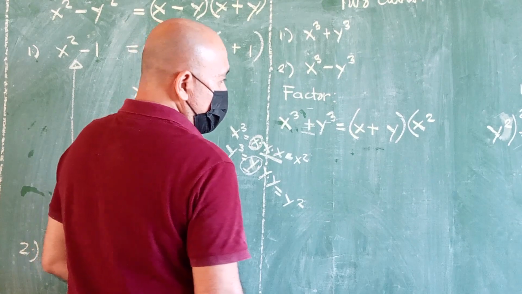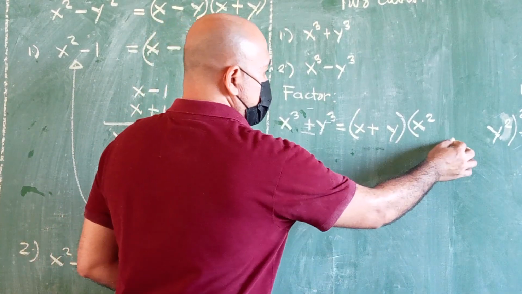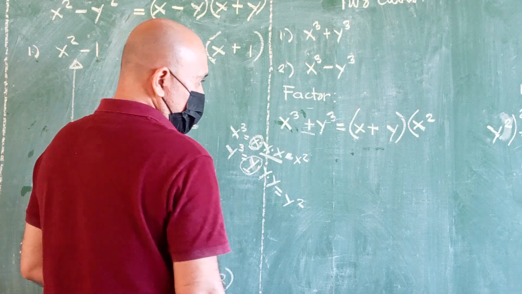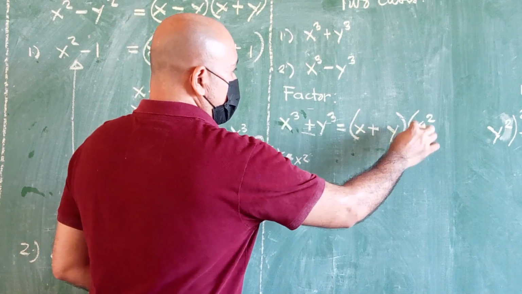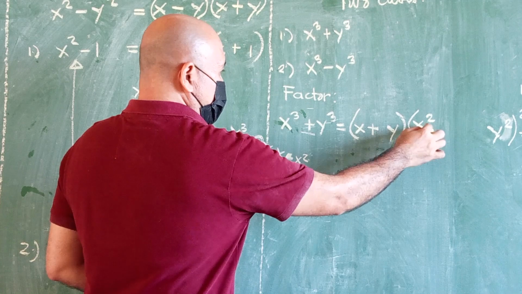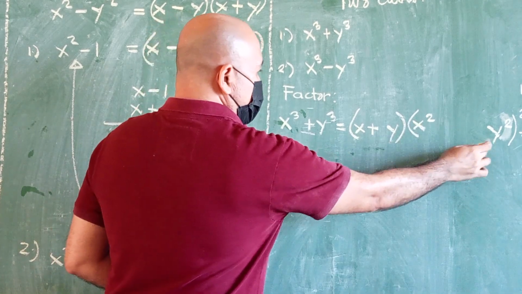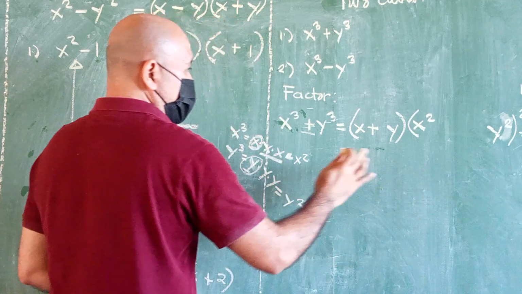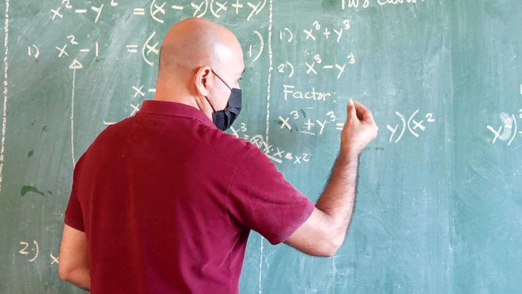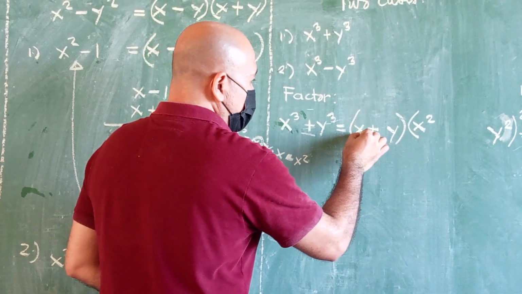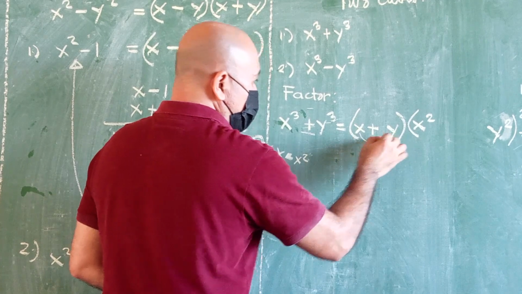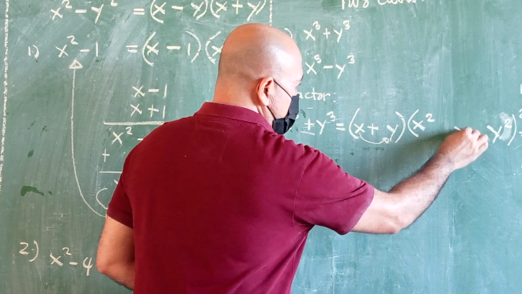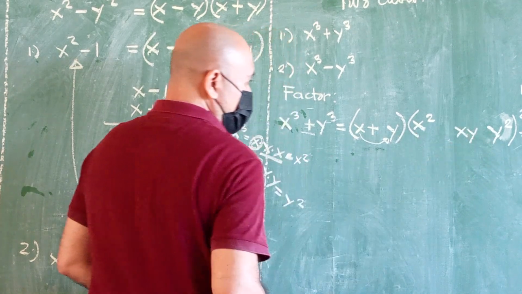And then your problem now is how to obtain the middle term. After providing the first term and the last term, you proceed to the middle term. So how are you going to obtain the middle term? Just simply multiply x and y. So when you multiply x and y, the result is xy.